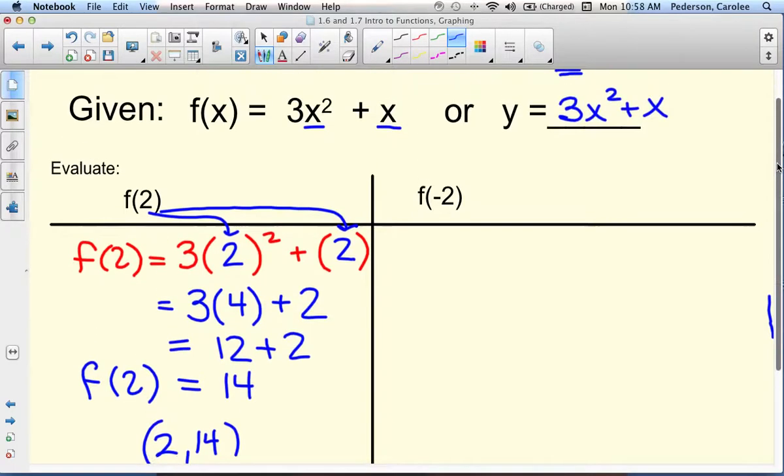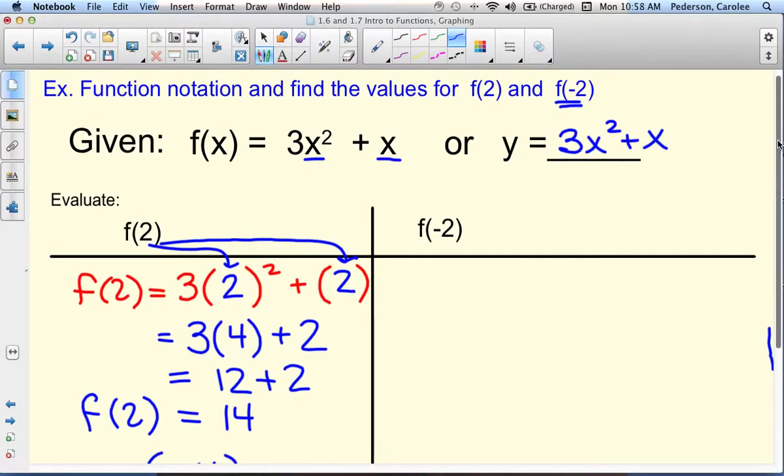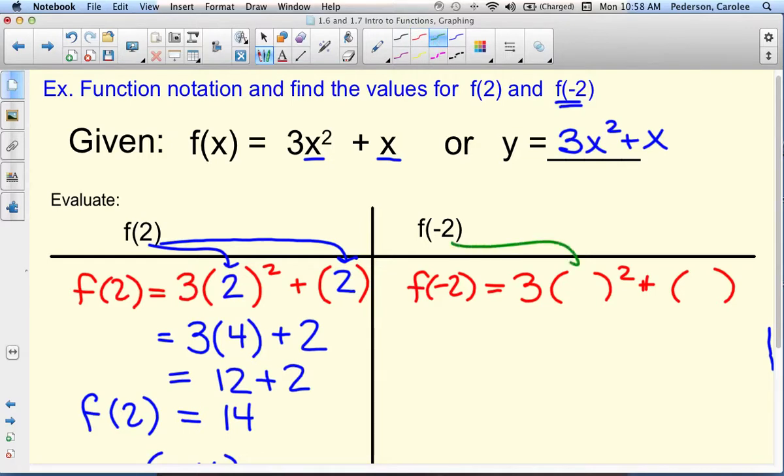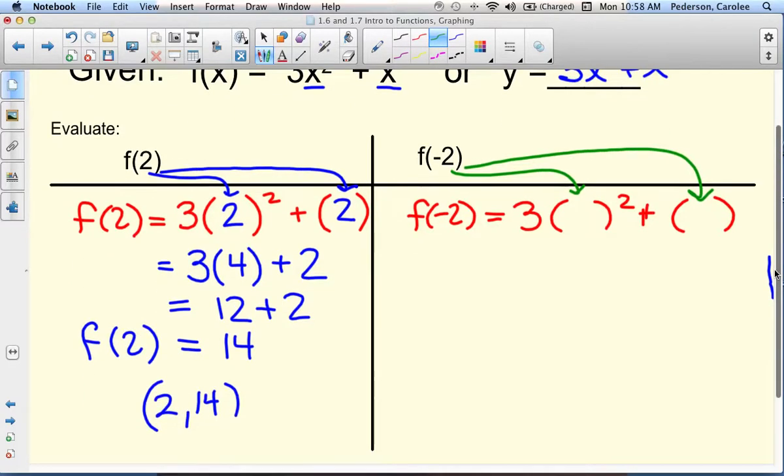Now let's see what happens when we substitute f of negative 2 in. So f of negative 2: now we're going to substitute negative 2 into here and negative 2 into there. Do our order of operations.